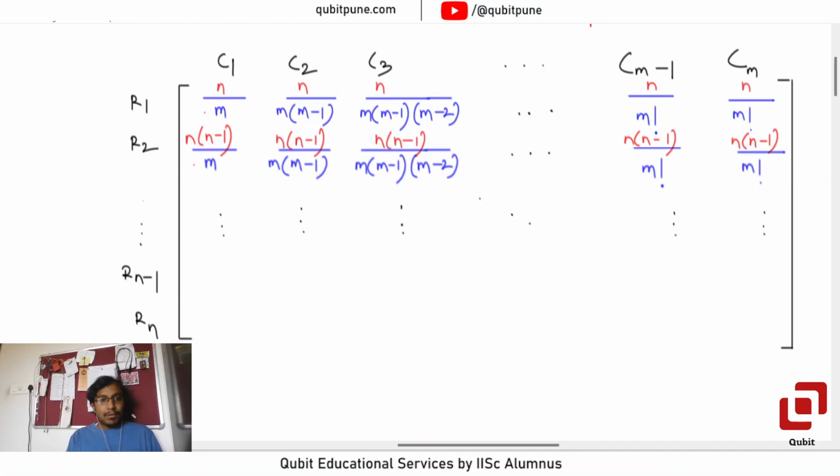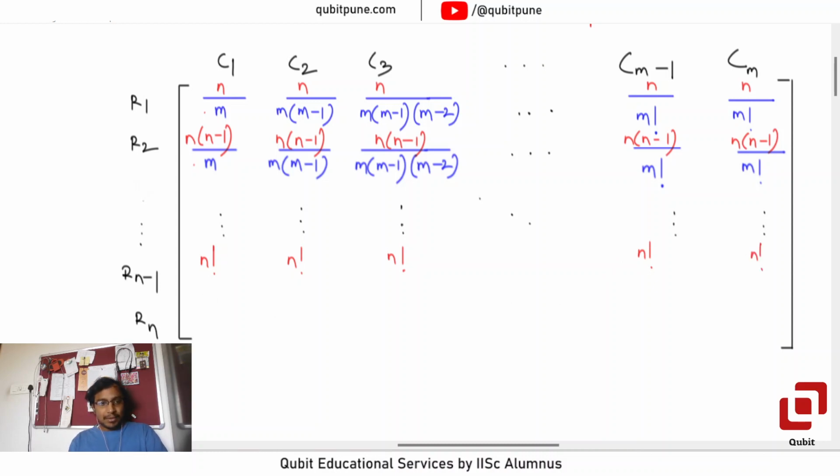Now how about Rn minus 1? Do you realize that like it was the case with Cm minus 1, it was m factorial. Now for Rn minus 1 also everywhere we will have n factorial. Is it clear? Because that is the n minus 1th derivative of x raised to n, right?